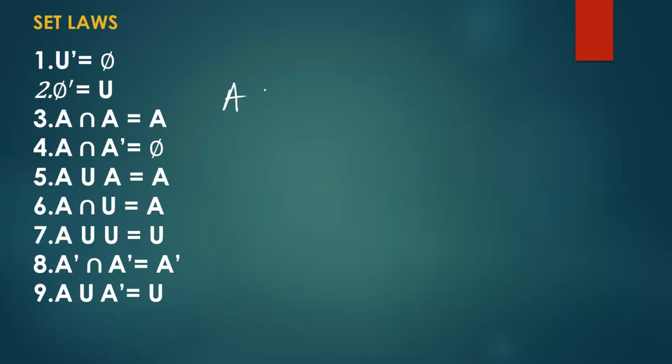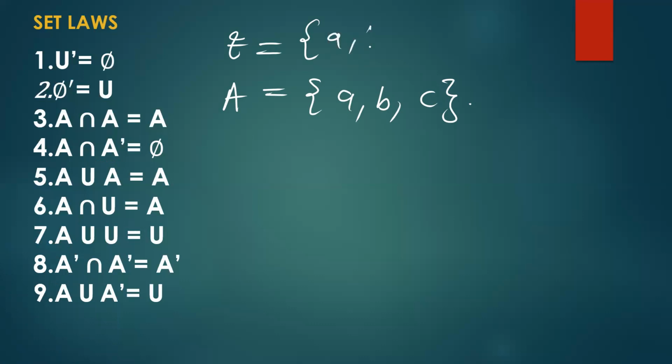Let's say we have A being equal to a, b, c, and then let's say the universal set is a, b, c, d, e. This is what we have as the universal set.